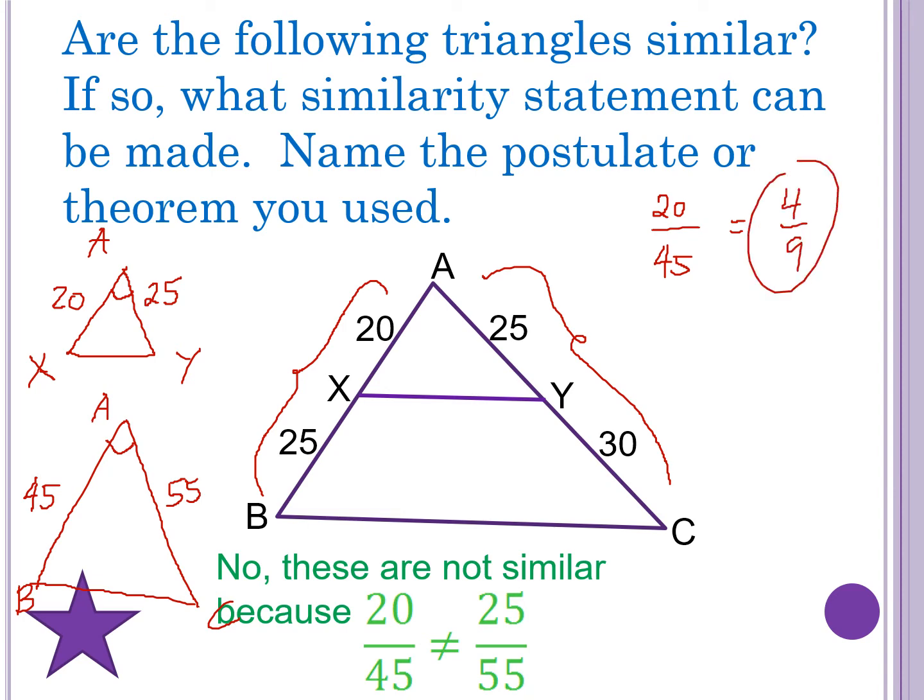Next, corresponding sides, we have 25:55. Divide both by 5, we have 5:11. So as you can see, the two ratios are not equal, or the corresponding sides are not proportional. Therefore, we can say that the two triangles are not similar.